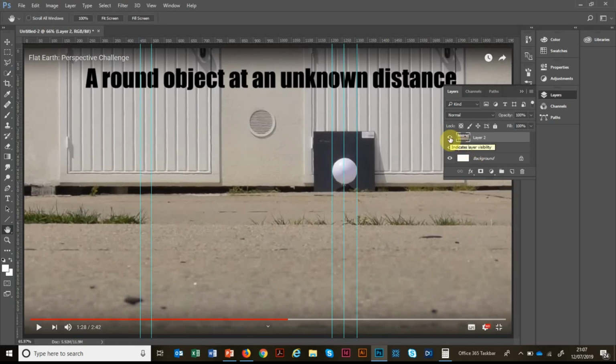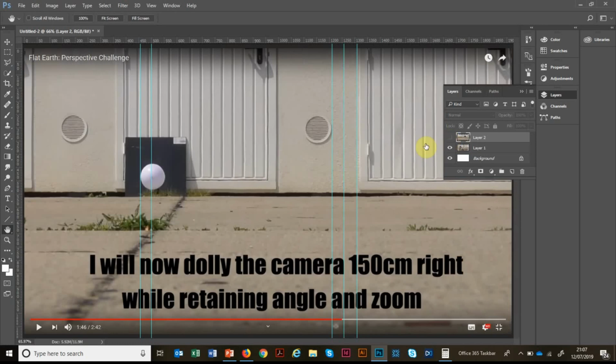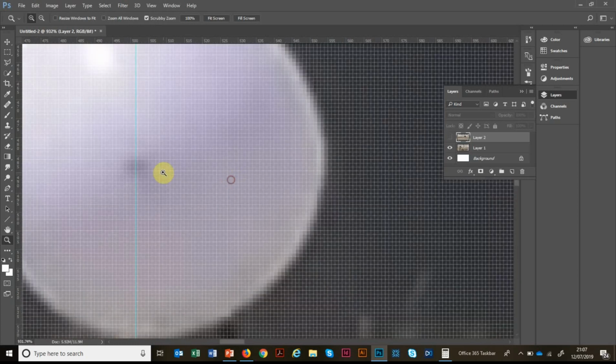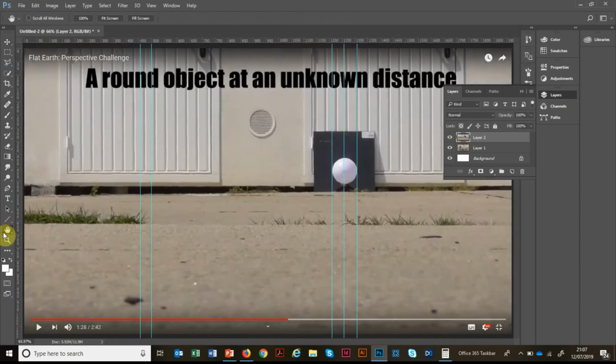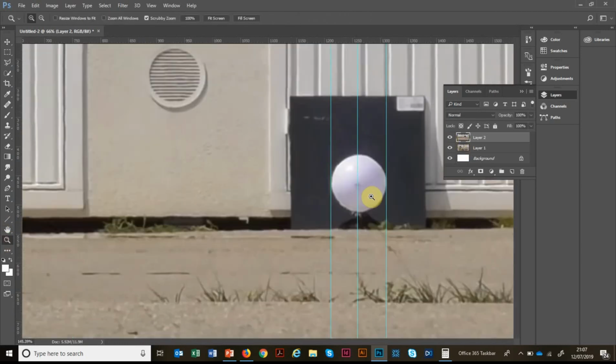I've put a couple of guidelines in. I put one at the front of the ball. I want to work out the distance to the ball, which is the first thing we're trying to work out, and there is a little black dot Sly spotted on the front of the ball, which is very helpful. So our guideline wants to just be centered on that black dot, and in this image, same thing.